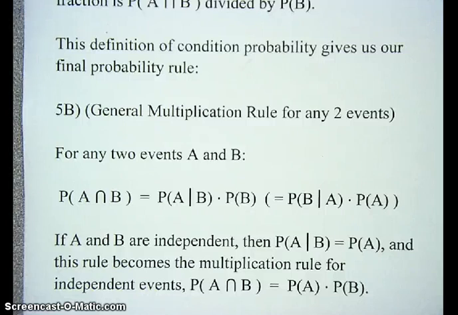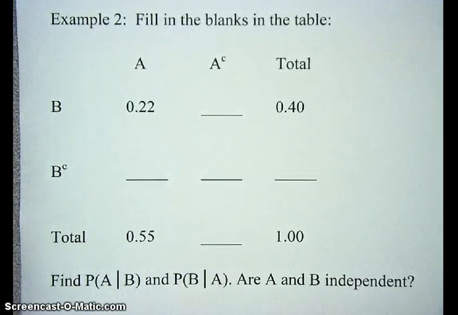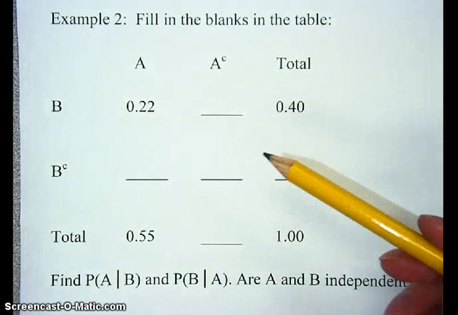Now, to see how all this is sinking into your head, I'm going to give you an example that I want you to complete yourself, and then we'll take a look at the results of this in a few minutes. So what I want you to do is to fill in the blanks in this table.